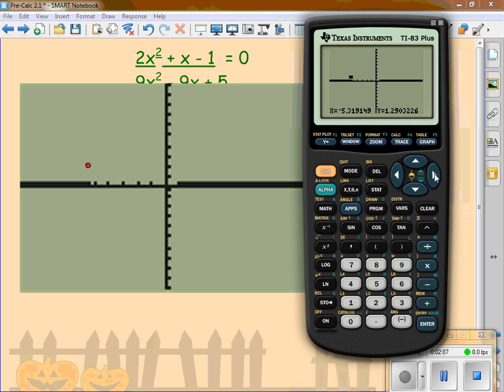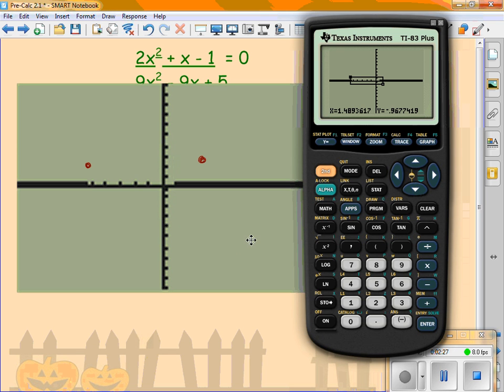Now I move it to the right, so it's past the opening. Now I go down till it's below it.